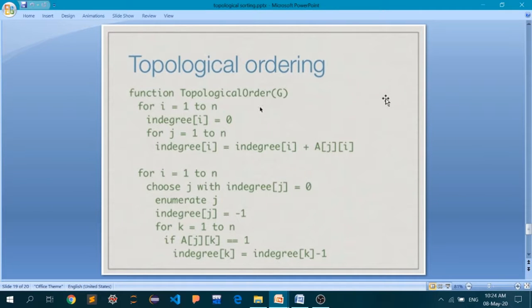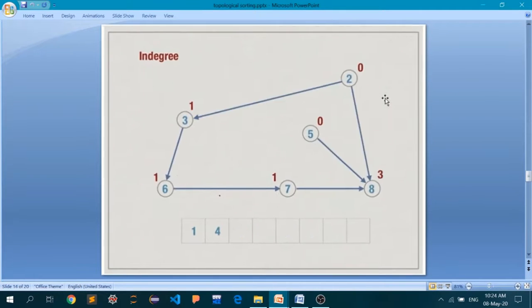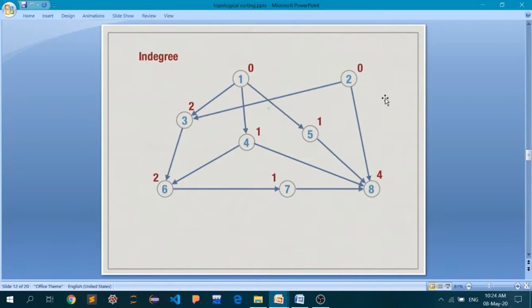Now we have seen what we have to do in topological sorting. So I will quickly remind you what we discussed in the last lecture. For a particular problem, first of all, we have to identify which vertices have an in degree of 0, and we can start with any one of them.